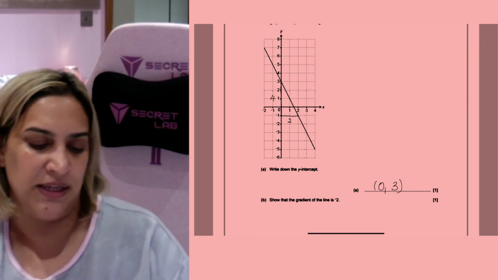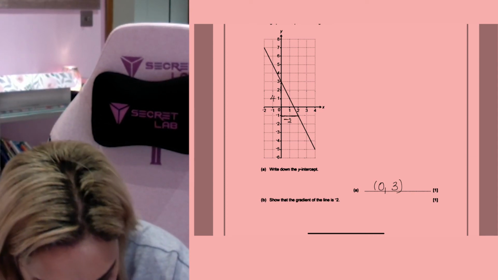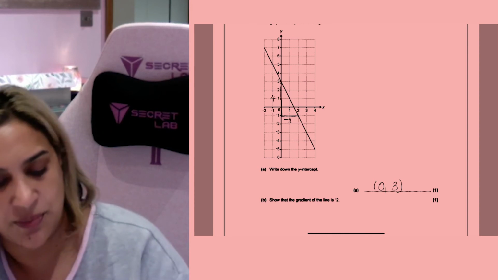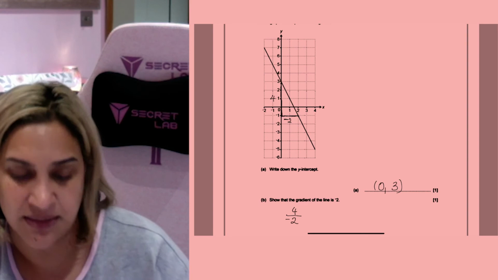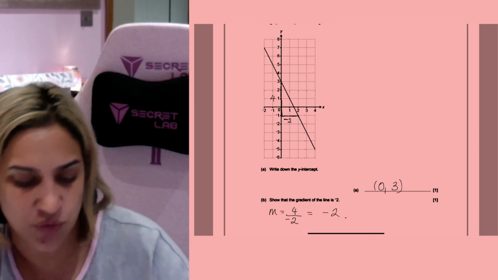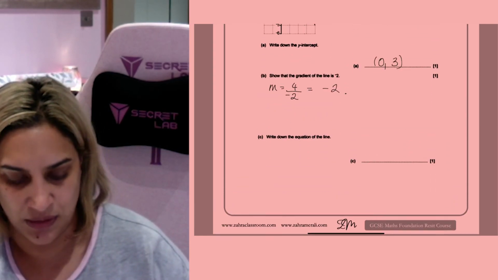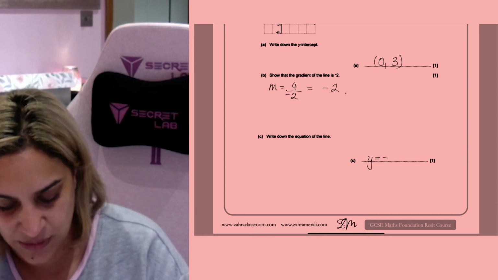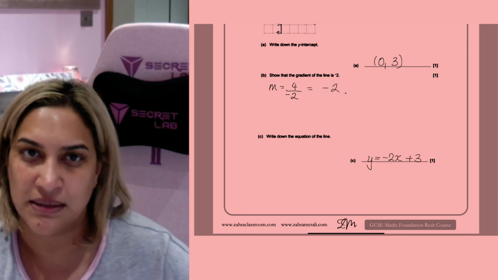So if you think about it, I'm going -2 and then up 4. So my change in y is 4 and my change in x is -2. So m equals 4 over -2. But just drawing that triangle will be fine. So now your equation is y equals -2x plus 3. So that leads on really nicely.